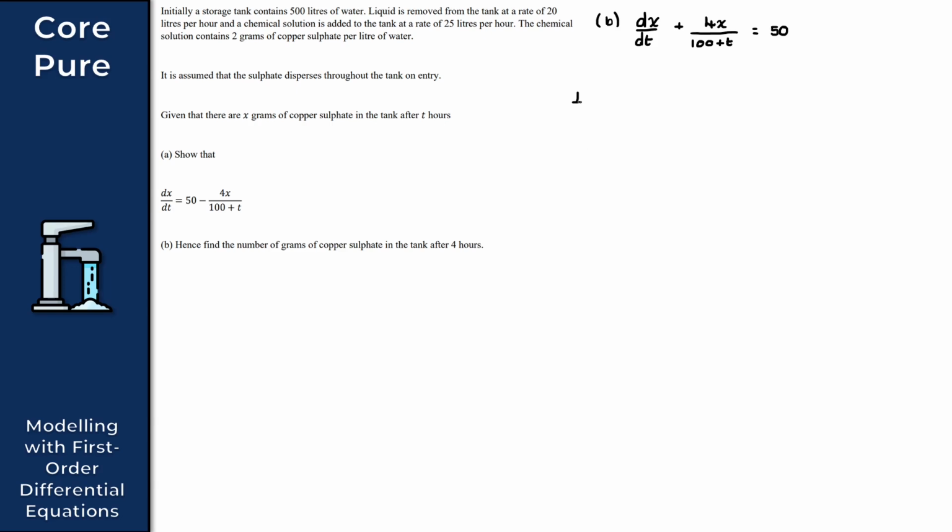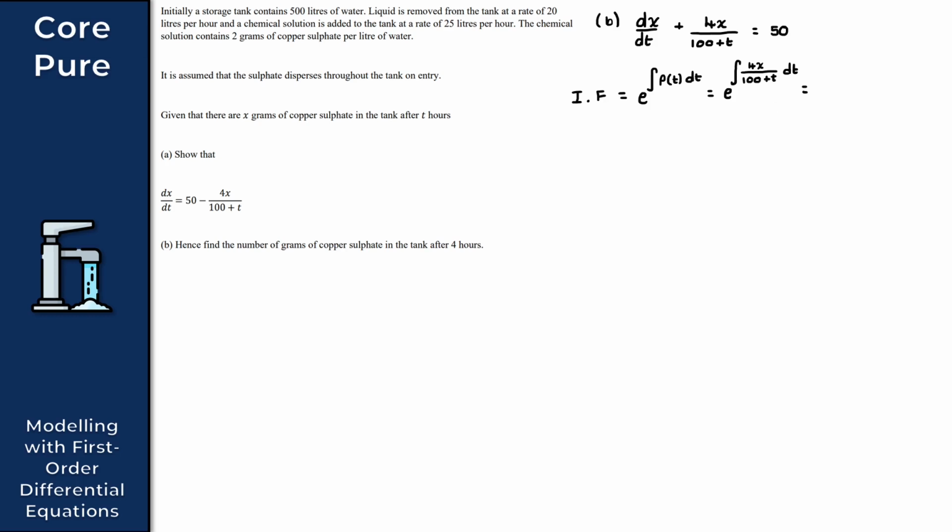For the integrating factor, I'm just going to abbreviate this to I.F. This will be equal to e to the power of the integral of p of t with respect to t, which in this case is e to the power of the integral of 4 over 100 plus t with respect to t. So if we integrate this, what do we get?